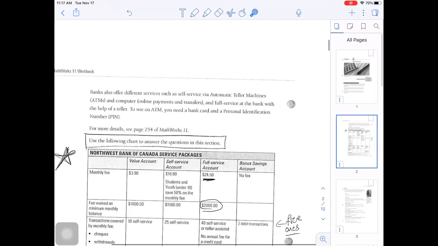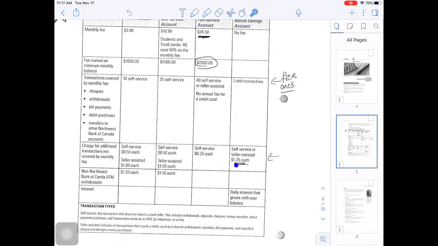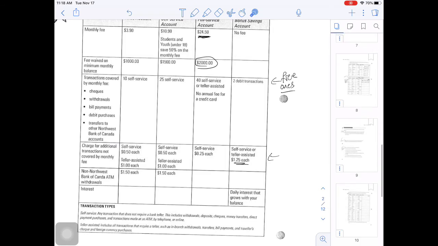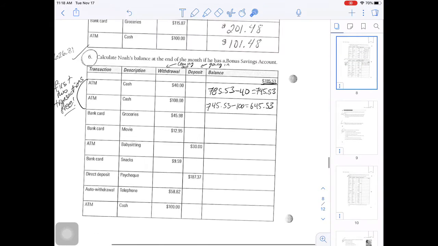Now here, anytime she uses her bank card at this point, unfortunately, that's going to cost her an additional, how much is it going to cost her now? It's going to cost her an additional $1.25. So she's already passed the 2 debit transaction limit. Now every transaction she does is going to be $1.25 additional. So let's keep that in mind. So she's taking out $45.98.